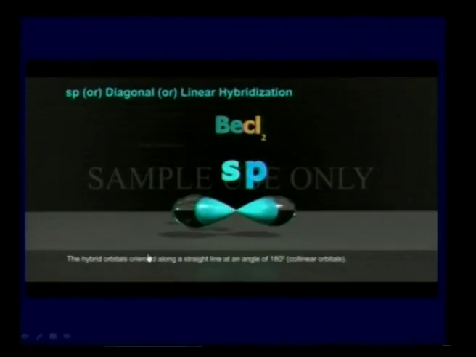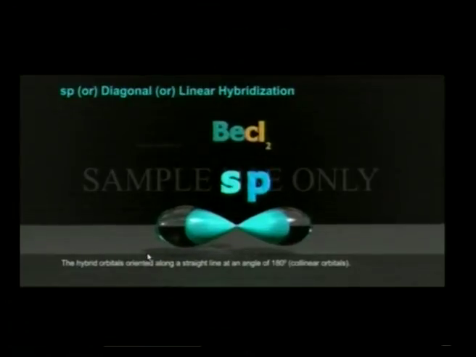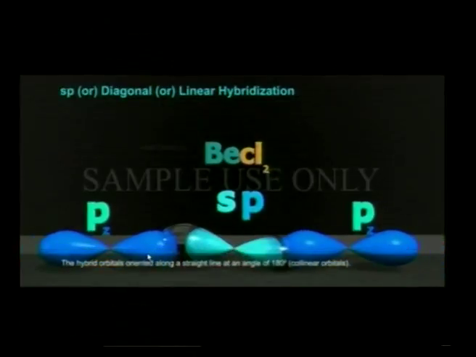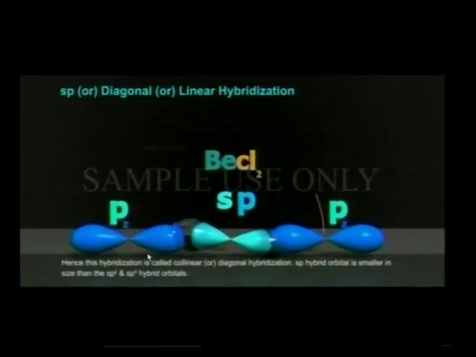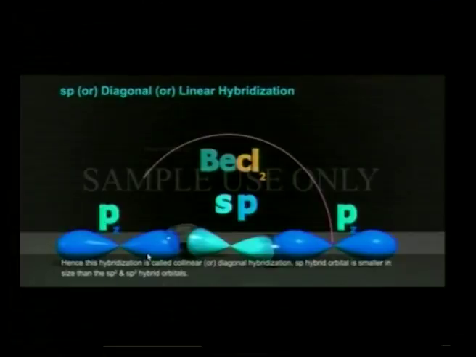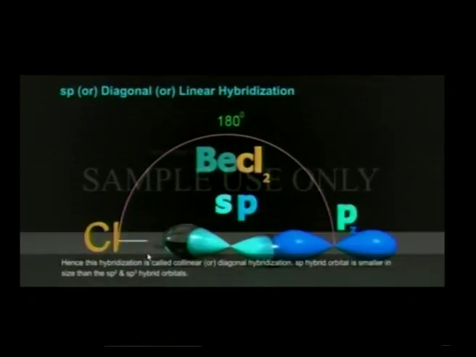Now we are going to discuss sp2 hybridization. Okay friends, see this video clipping on sp hybridization. This is called linear hybridization or diagonal hybridization. The central one is the sp hybrid orbital, and these 2 are p orbitals, and they overlap each other and form 180 degrees, and the shape is linear.